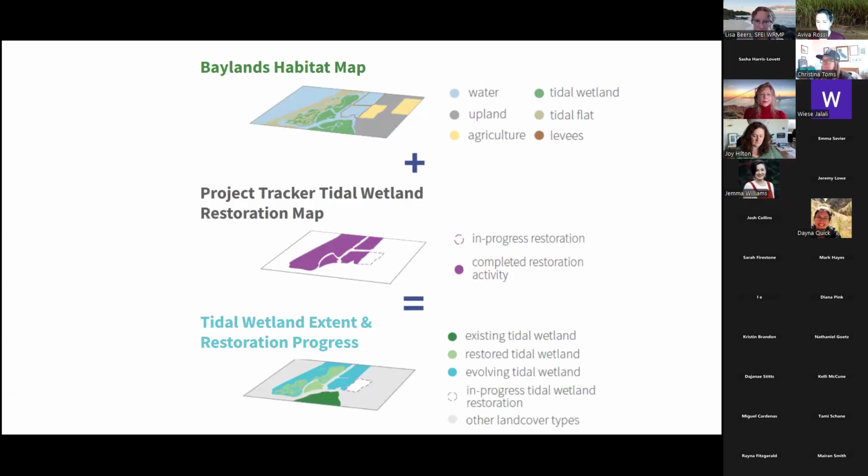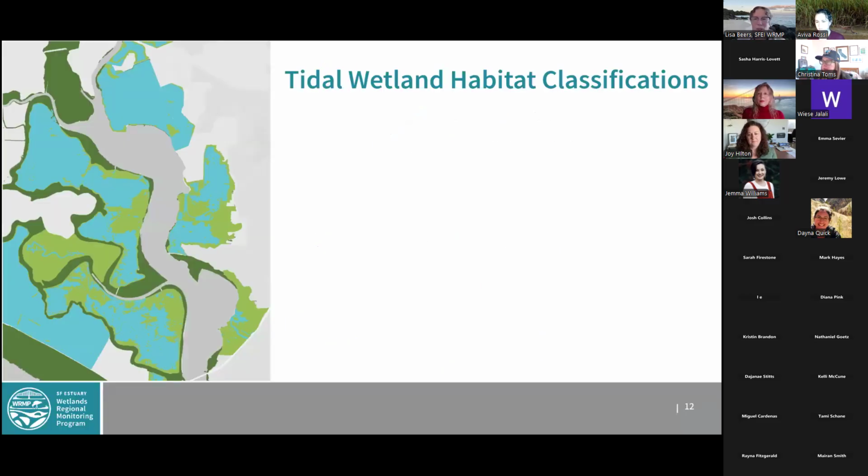Between the two of them, we get to understand not only our tidal wetland extent, but also how restoration sites are progressing over time. Within this, we developed 3 tidal wetland habitat classifications to help us see how our wetlands are faring over time and across the estuary.